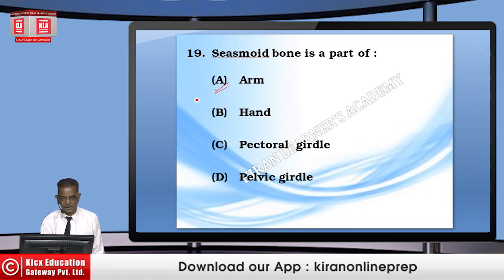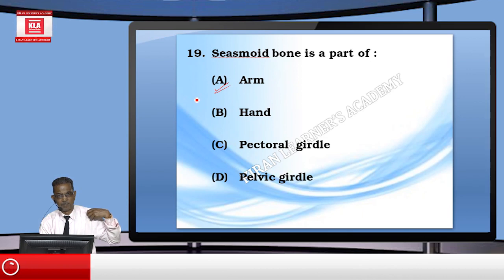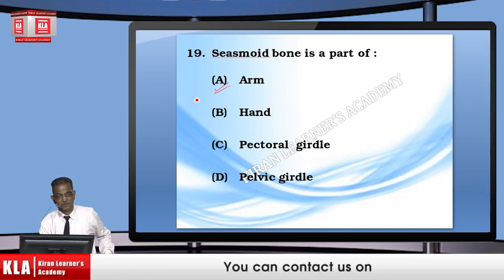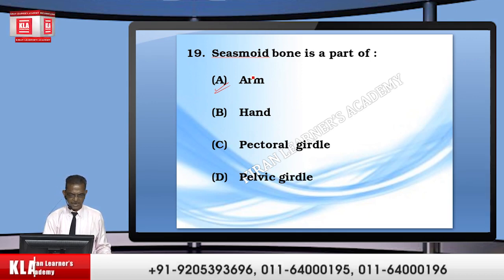Either you find it in the knee region, the shoulder region or the hip region. They are some sort of fibrous bones. So A is the correct option.